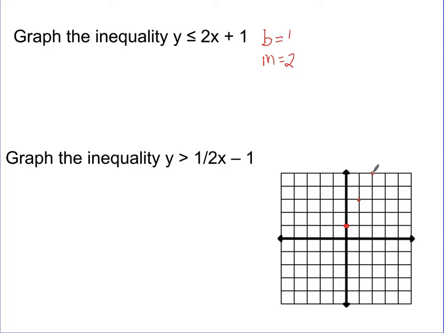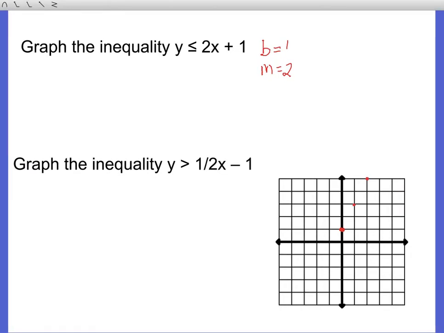Up 2 over 1. Since it has the equal sign, we need to graph a solid line that goes through those points.